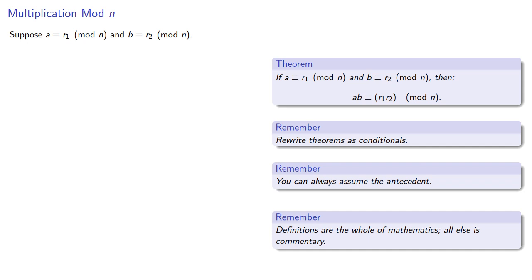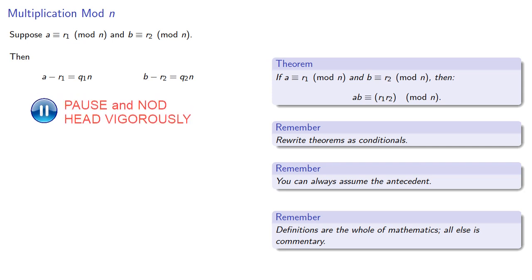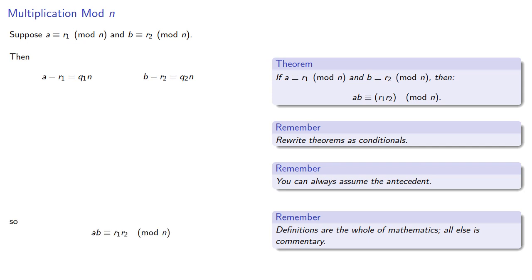Since these are congruent, we know their difference is something times n. Now, we want to end by saying that their product is congruent to the product of the moduli. And again, the reason that definitions are so useful is that in order to get here, we must have the difference being something times n.